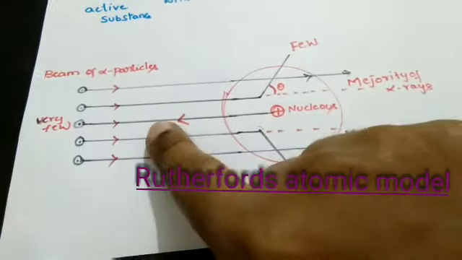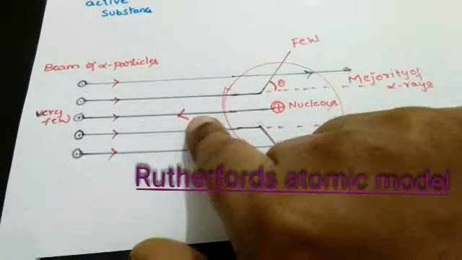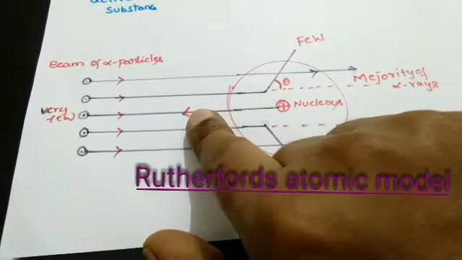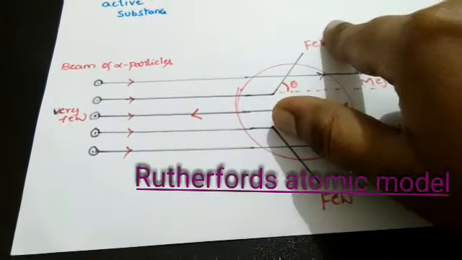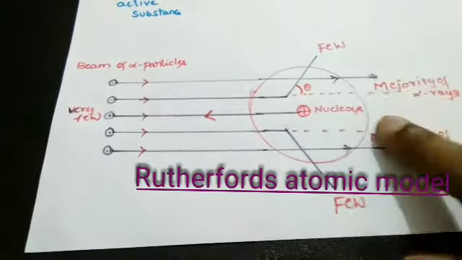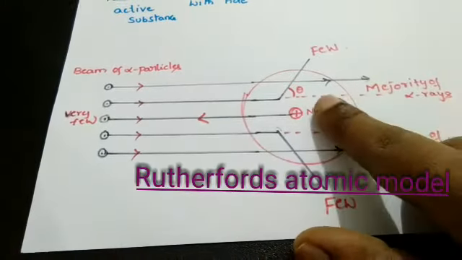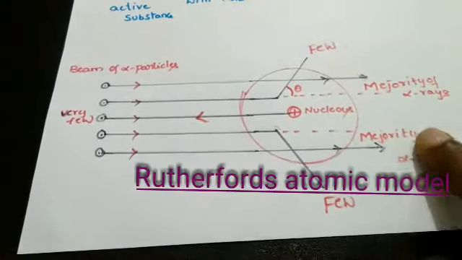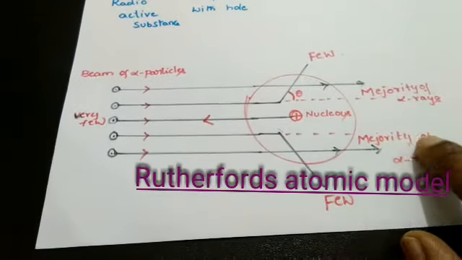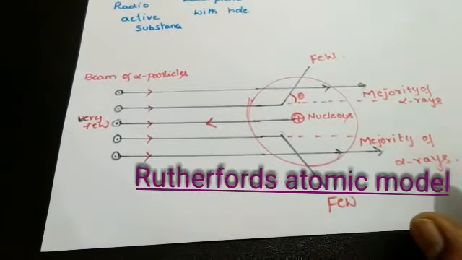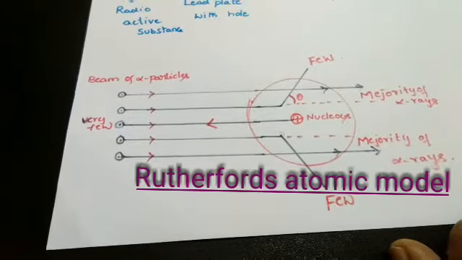Very few particles are coming back at 180 degrees. Very few are outside the path, and the majority of the alpha rays are passing like this.